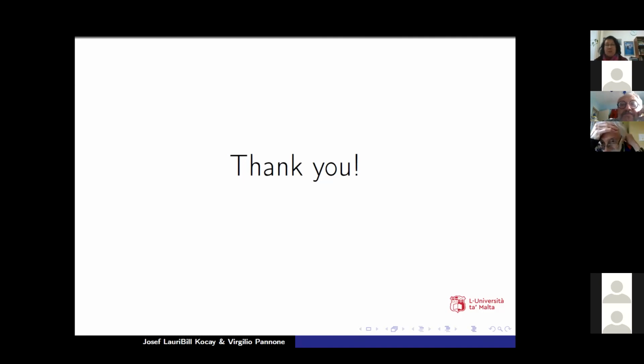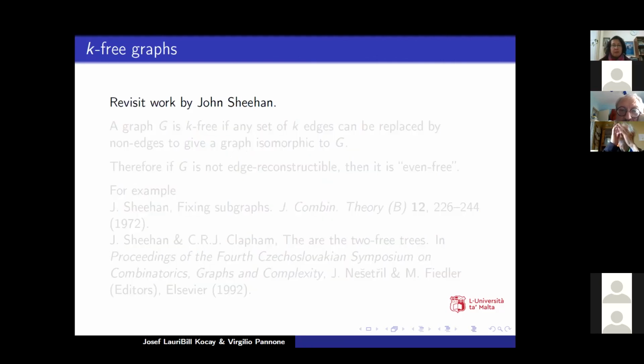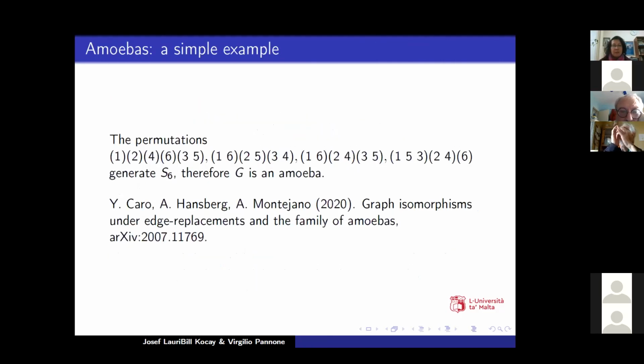Yes. I was just wondering about this surprising paper on graph isomorphism and amoebas. Is there some connection with computer science? Which paper, the one on amoebas? Right, this one. No, in the paper, no. There could be, but I haven't thought about it as far as I know.